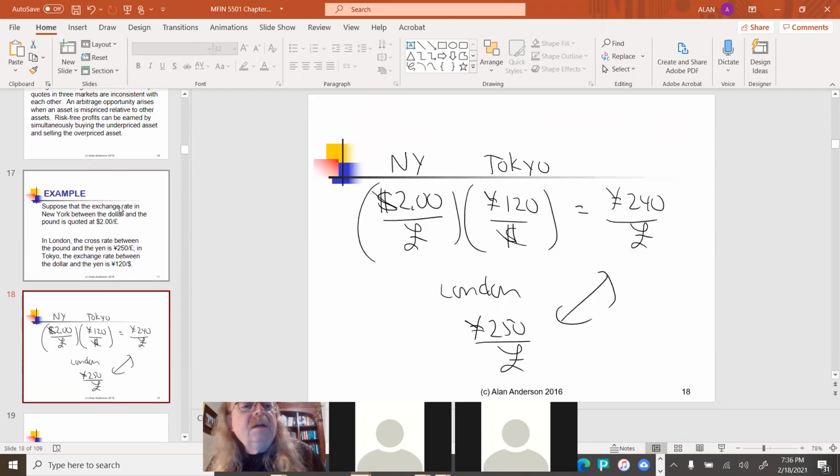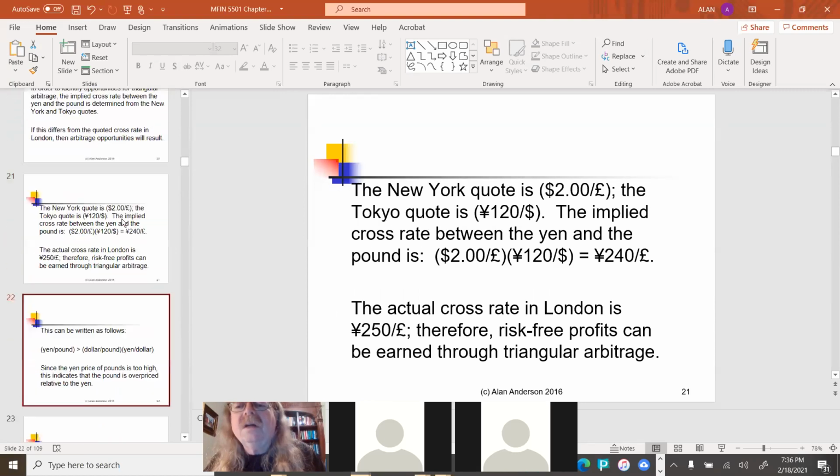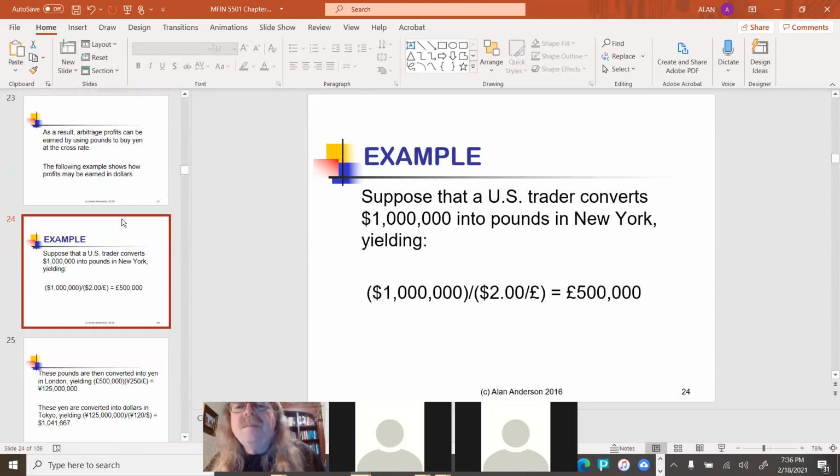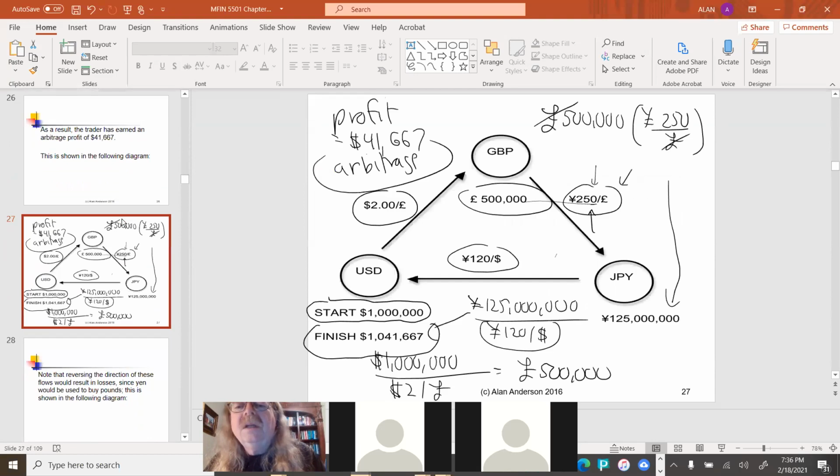Okay, so we could have as many of these as we want. We could try any number of examples. Now, what I would like to point out to you here too is that if we had the correct exchange rate right here at 240 per pound, and you went around the circle, you would have just ended up with $1 million, just like you started out with.